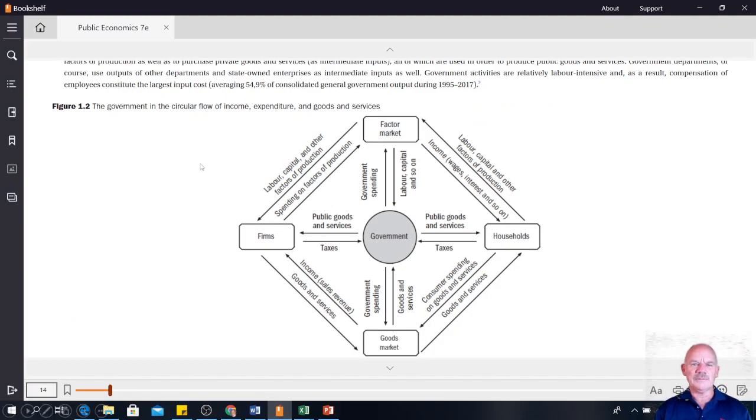Now, figure 1.2 is also important, and it shows the relationship of government with other role players in the economy. The picture is drawn such that you can see the relationship with firms and households, and with the factor market and goods, but it doesn't mean the government is the central piece in the economy.